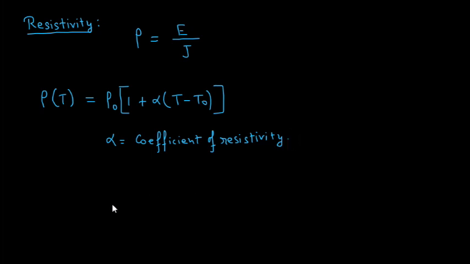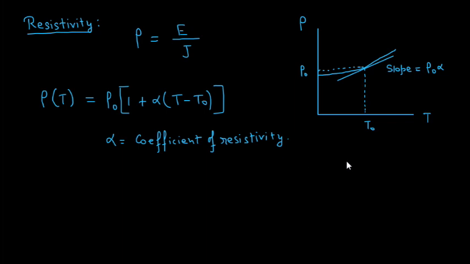Now, if we want to draw a graph between T and resistivity rho, then we can see that the slope is equal to rho naught alpha, where alpha is the coefficient of resistivity.